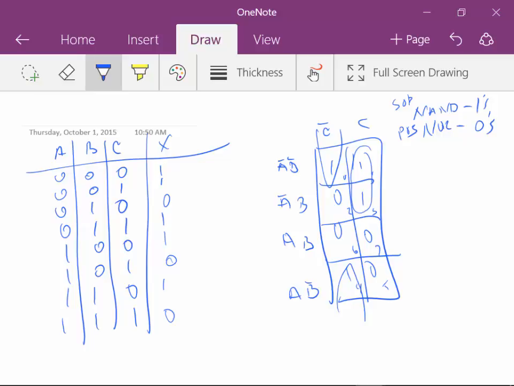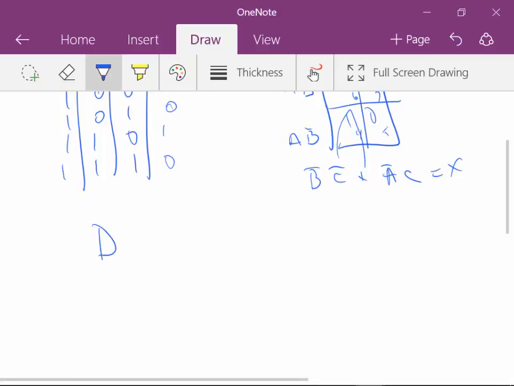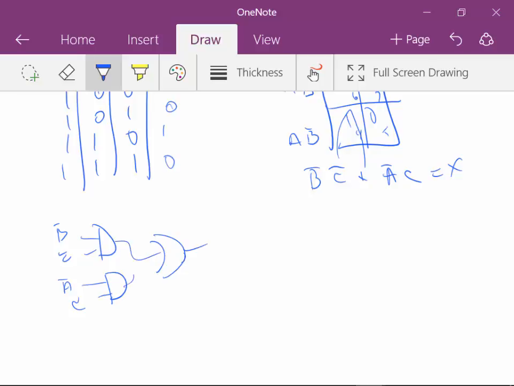So this pair here is B naught, C naught, and this pair over here is A naught C, equal to X. So that's our simplest configuration using NAND gates, because then we would draw that circuit: B naught, C naught, A naught, C, and then this becomes our NAND gates.